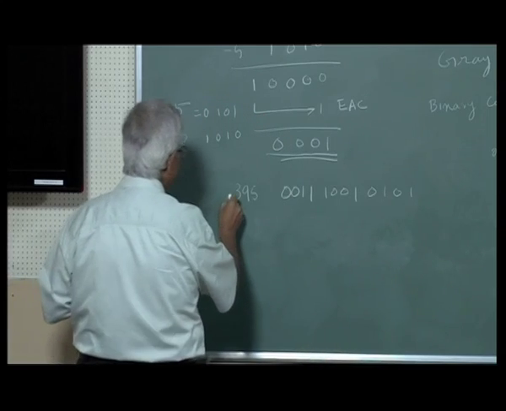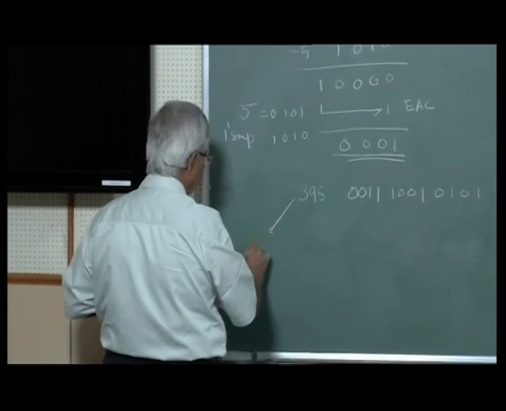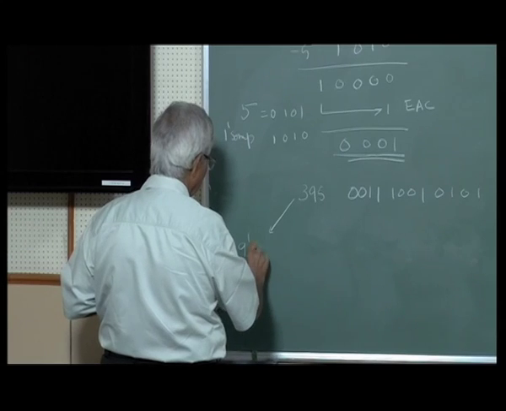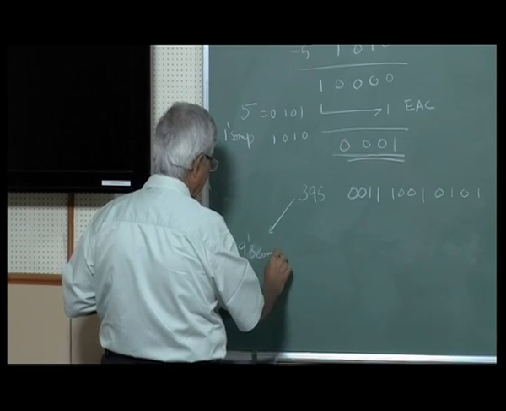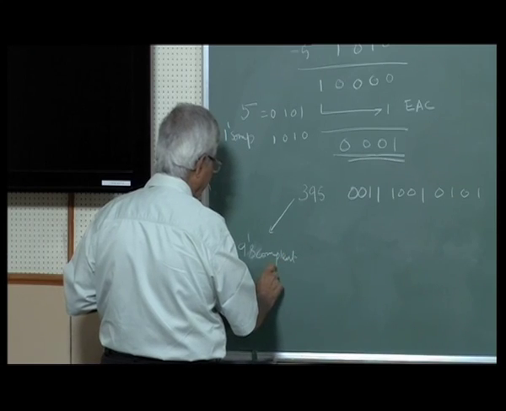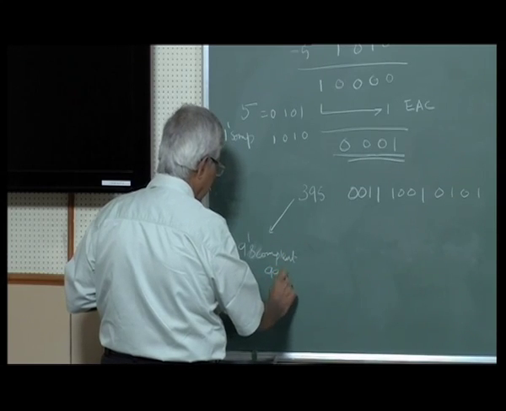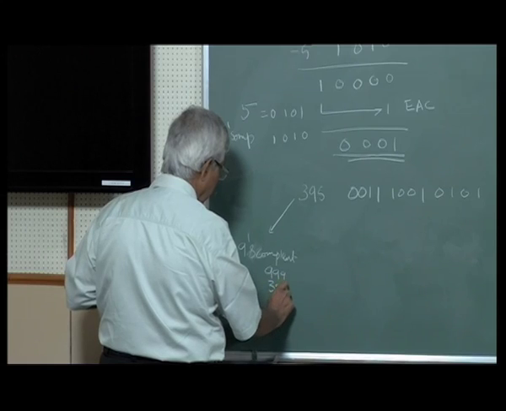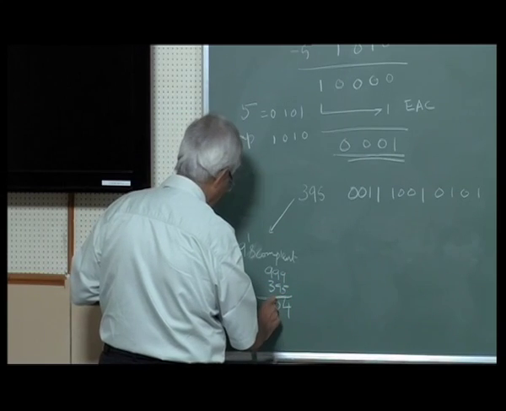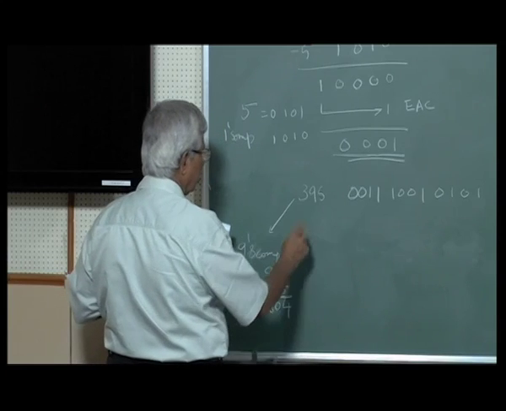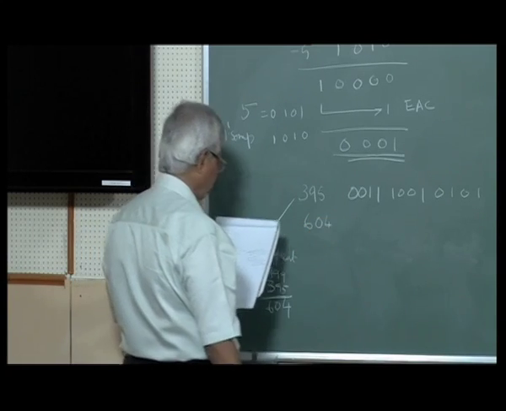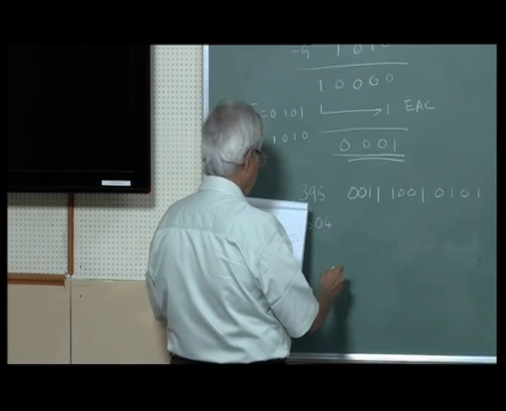And if you take the 9's complement of 395, what is the 9's complement? Subtract 395 from 9999, it becomes 604.